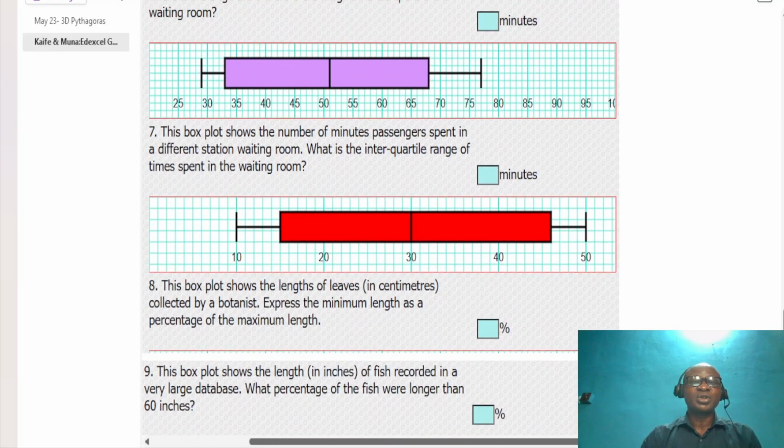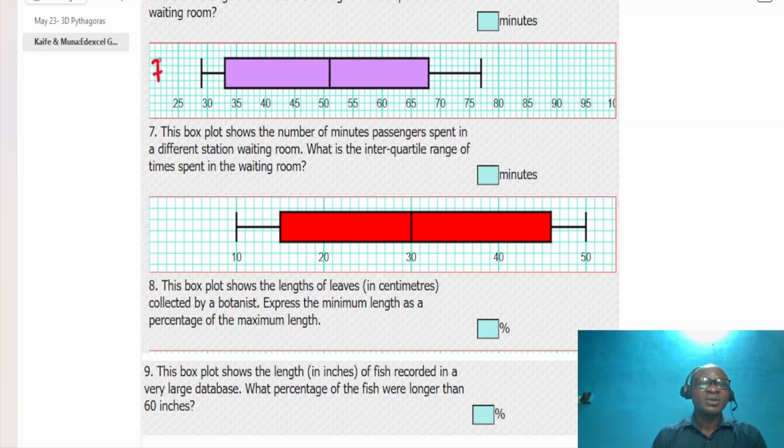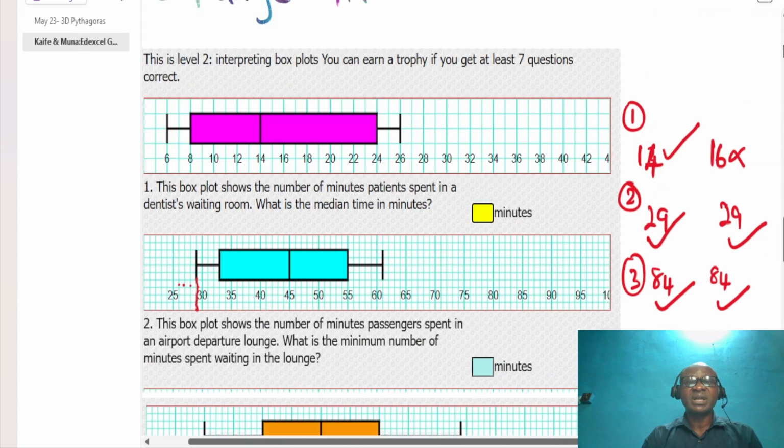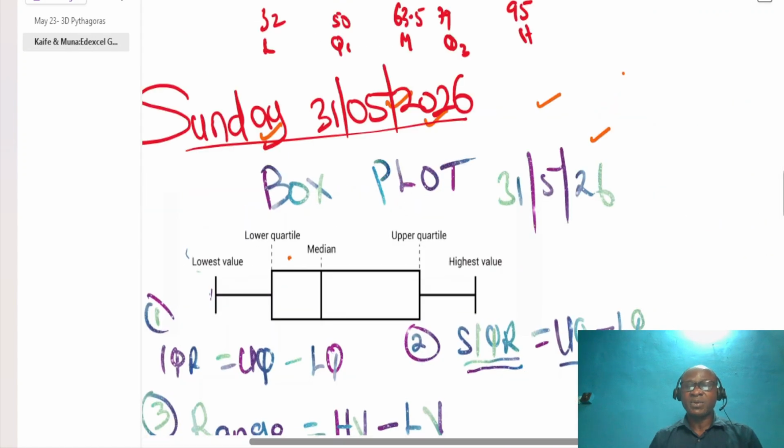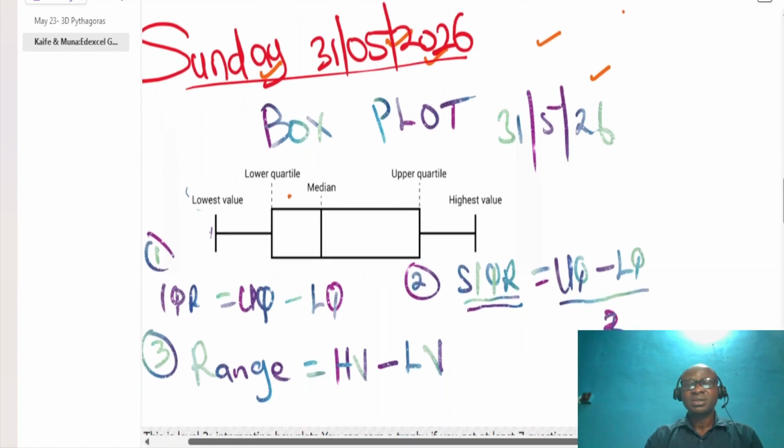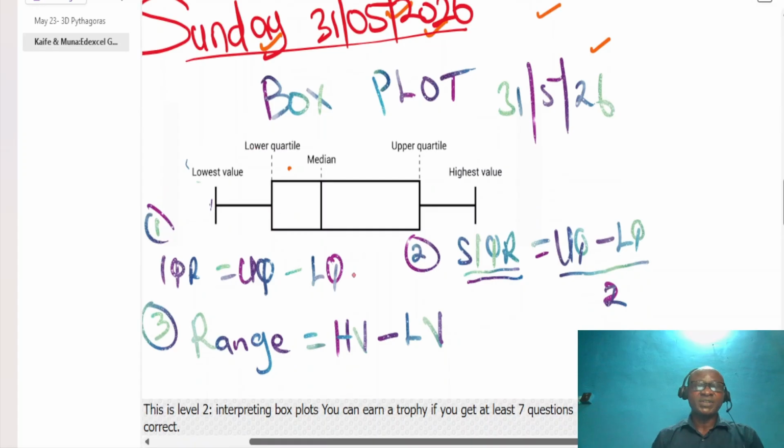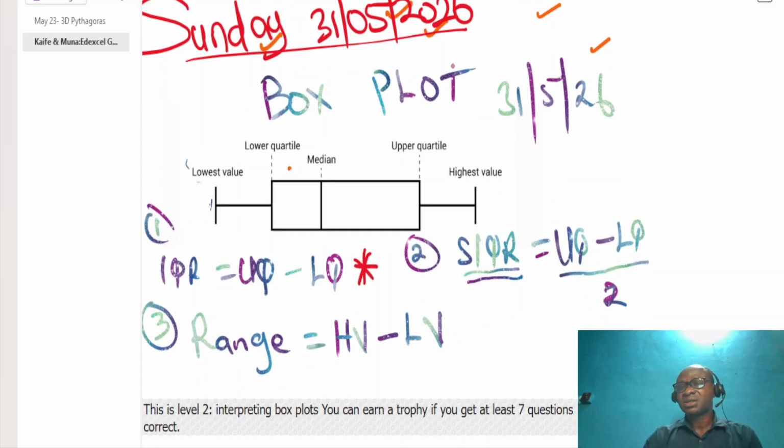So now let's go to number 7. So Mona, give me your answer first. The question asked, what is the interquartile range? Remember, I gave you the formula for these things. Look at where I gave you the formula for interquartile range. So I believe you used that for number 7.